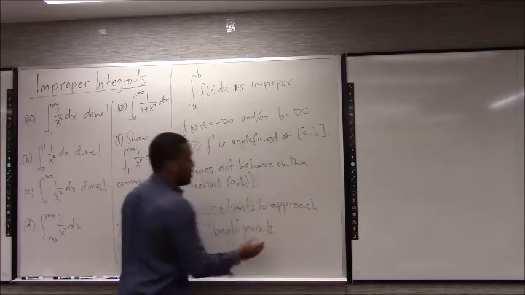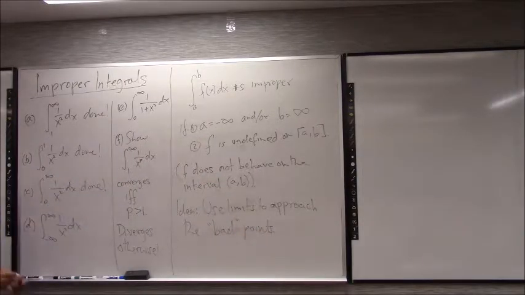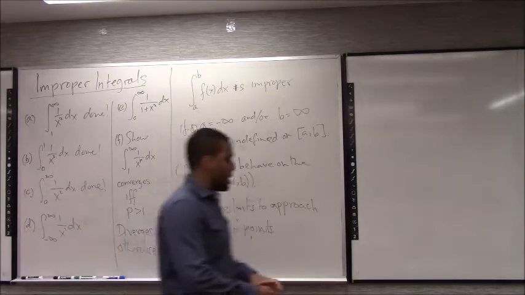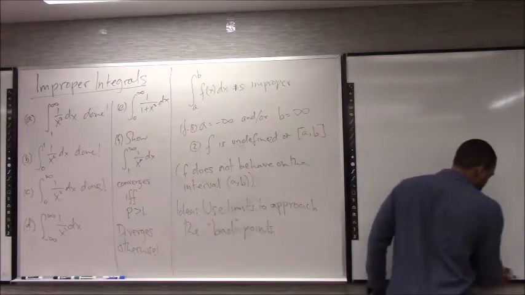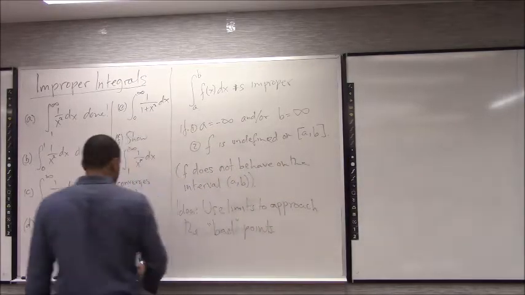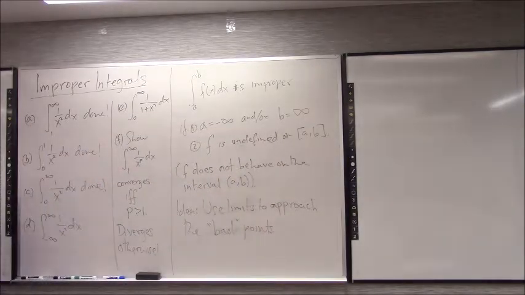The points where the function doesn't behave, we use limits to approach them and see if the function can give us some sort of approximate answer. Because really, if you just take out a single point, you don't change the area under a curve because the area along a line is 0. And so that's sort of the idea.